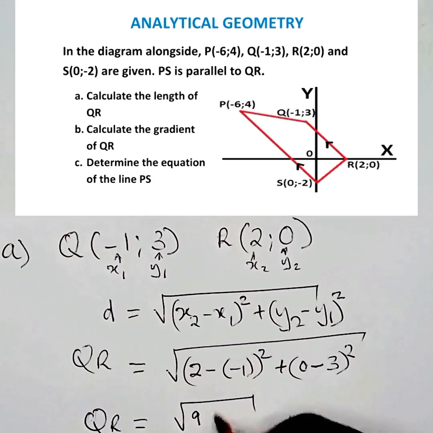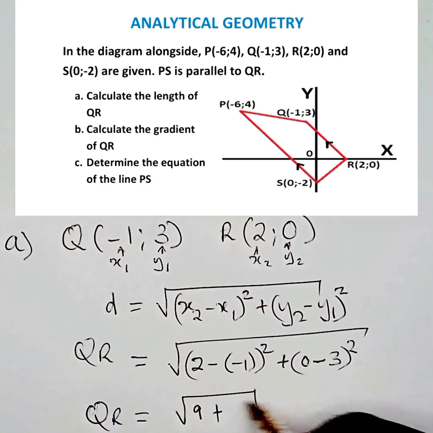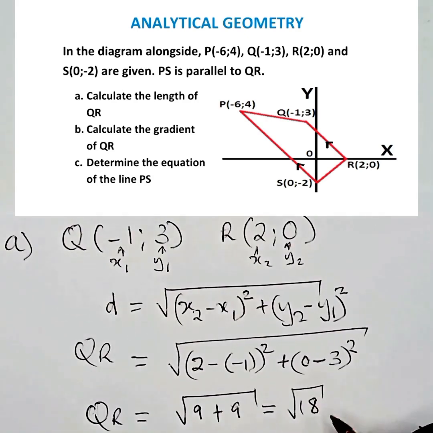Plus 0 minus 3 is minus 3, we square it and get another 9. So we get the root of 18.